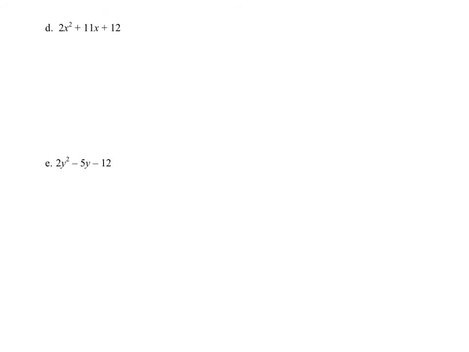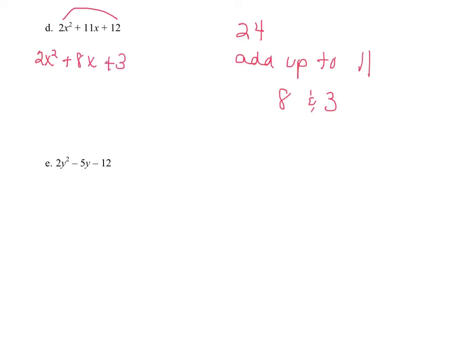Again, we are multiplying 12 times 2 is 24. So I need the factors of 24 that add up to 11. And you're going to tell me 8 and 3. Perfect. So this will be 2x squared plus 8x plus 3x plus 12.